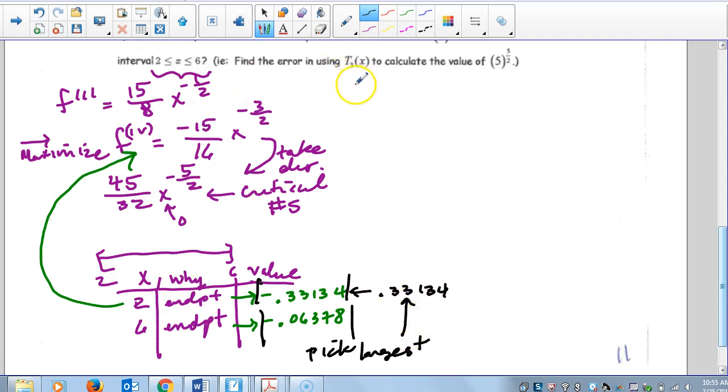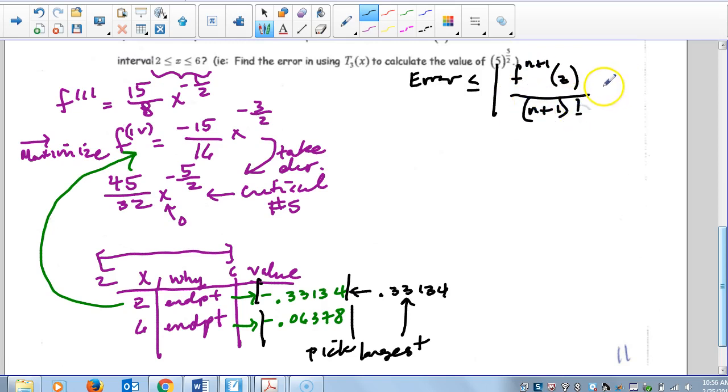So let me just rewrite the formula really quickly since I'm kind of down on the page. My error is within. Now there's an equal sign in there too. The next derivative's maximum, f^(n+1)(z) over (n+1) factorial times (x minus c) to the n plus 1.